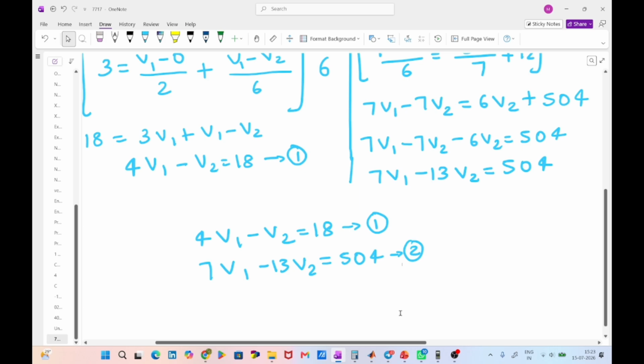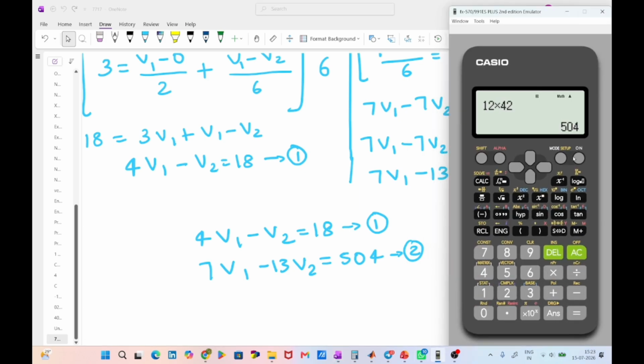Open the calculator, clear it, click on mode setup, then click on equation, and choose the form AnX plus BnY is equal to Cn. Click on 4 for V1, then equals, then minus 1, equals, then 18, equals. Then 7, equals, then minus 13, equals, and then 504.